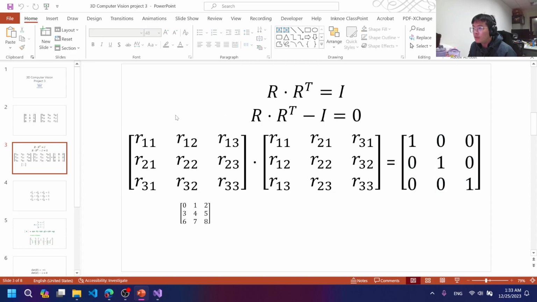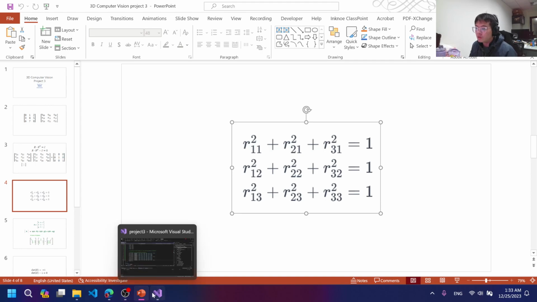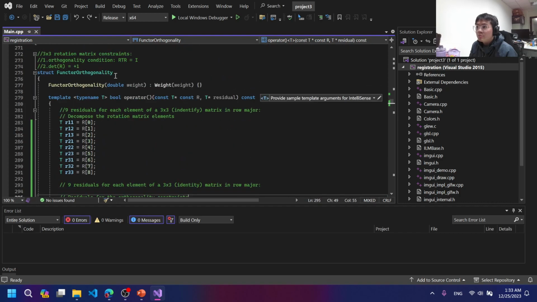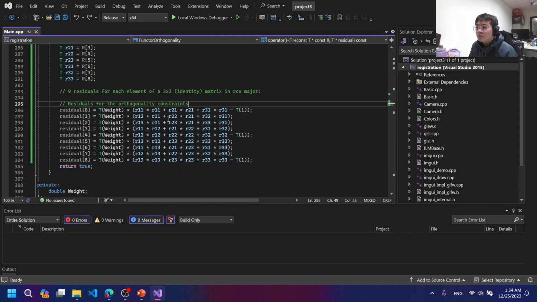From there we can derive this, and if we take the 1 to the other side, it becomes r11 squared plus r21 squared plus r31 squared minus 1 is equal to 0. So that's why for some of the residuals we had to subtract 1. That's pretty simple, how we apply this formula.